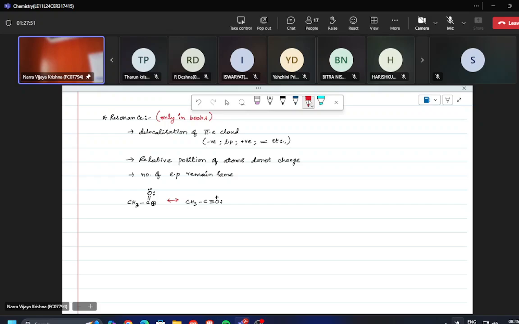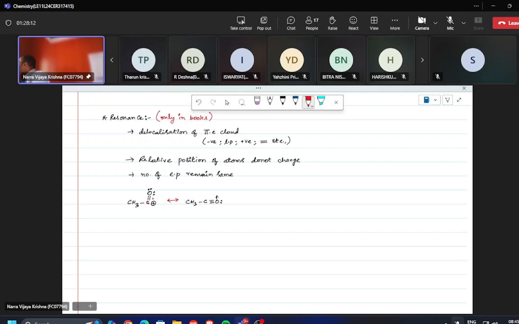We also call this condition the satisfied octet condition. Now among these two, which has more covalent bonds? Around this carbon, how many bonds are there? 3, which means 6 electrons around that carbon.